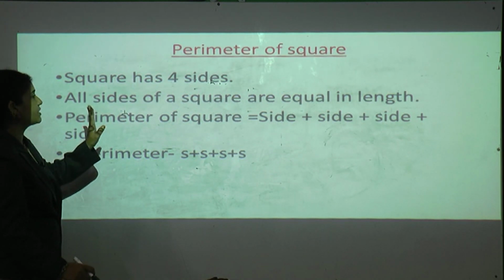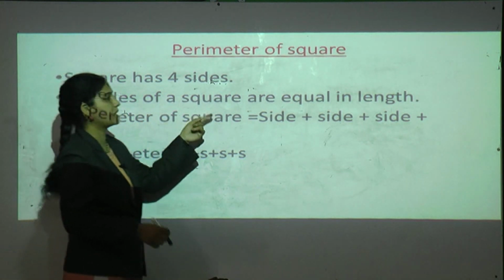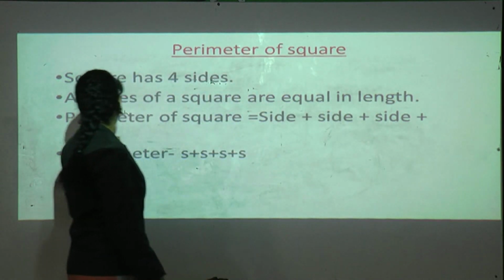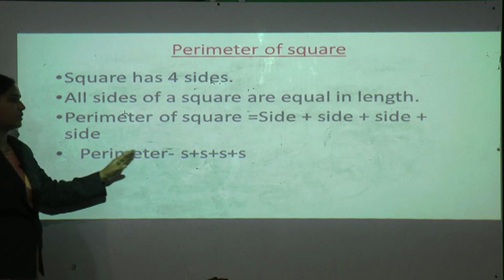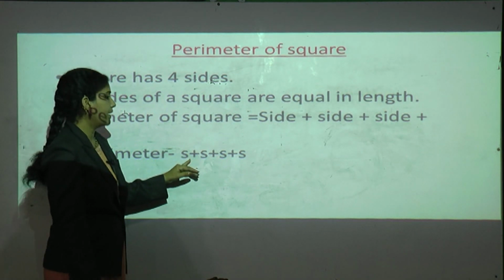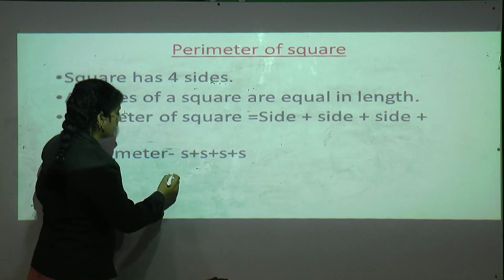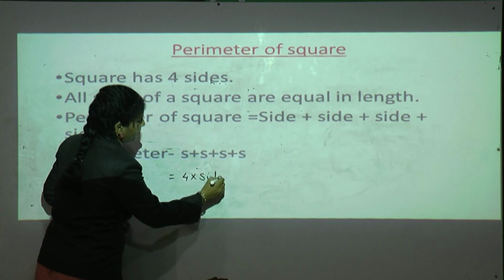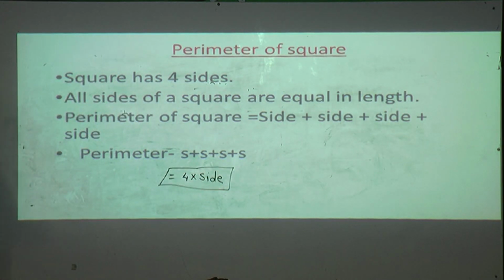That's why the perimeter of a square is equal to side plus side plus side plus side, that means 4 times side. So the perimeter of a square is S plus S plus S plus S, that is equal to 4 multiplied by side. This is the formula of the perimeter of a square.